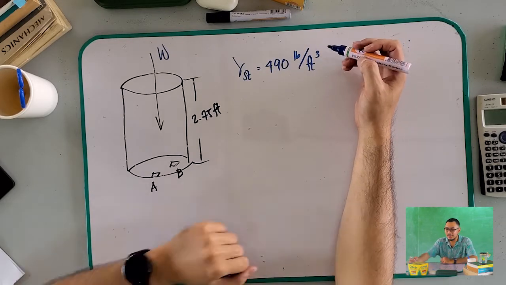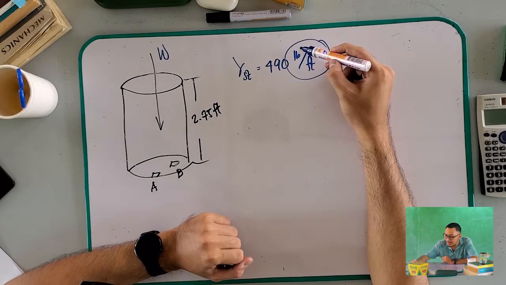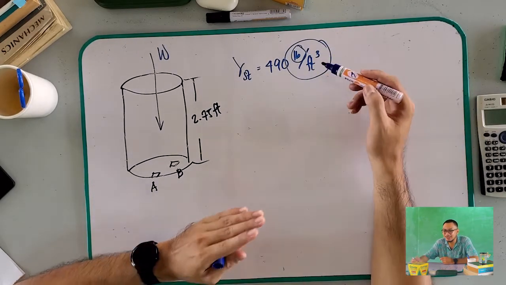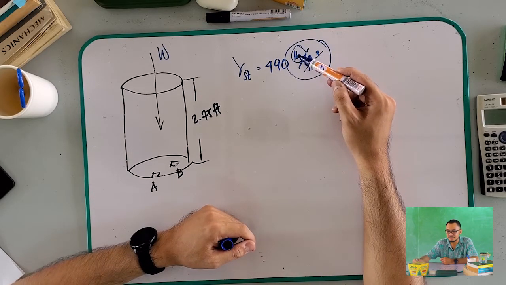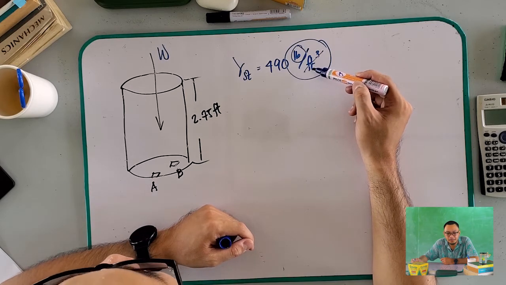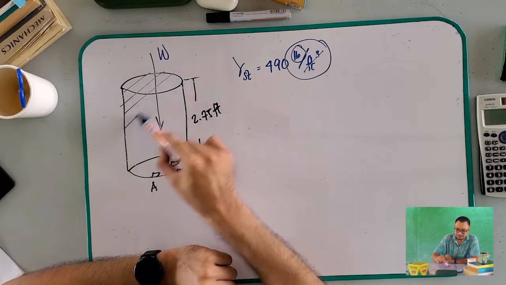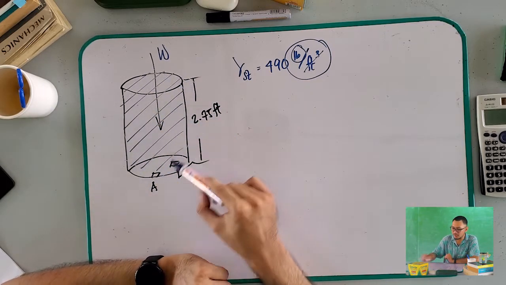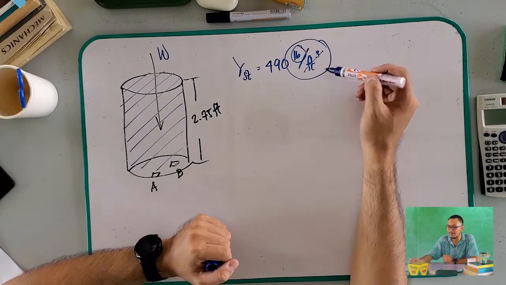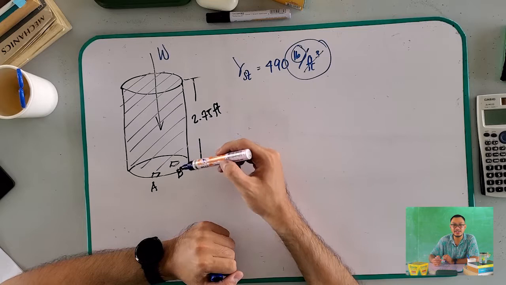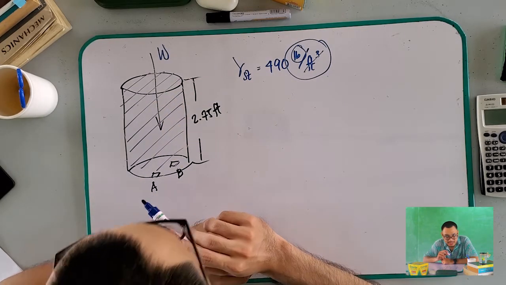So, by seeing its units, unsay dapat nato pangitaon para matangtang ni siya? Mangita tag volume. And then, asa man nga volume? Mao na ang volume aning atong cylinder. So when we get the volume, and by using this specific weight, we multiply the volume of this cylinder, we will actually get the weight of the whole cylinder.